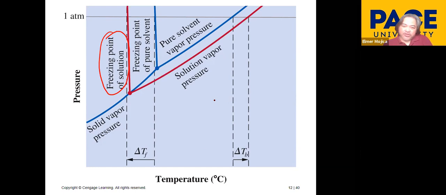When you put the salt, for the snow to remain in the solid form it must achieve a lower temperature. So the more salt you have, the harder it is for the snow to remain solid, because its freezing point is much lower.